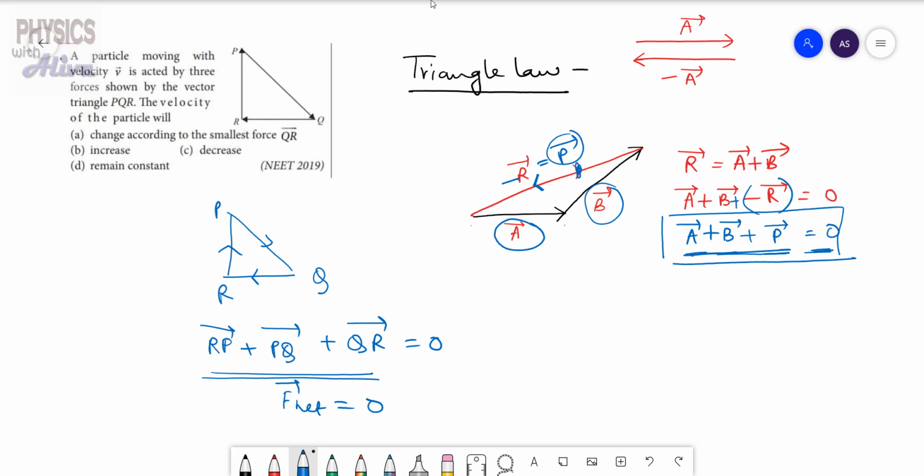When the net applied force is 0, as here, the body will continue its motion with its velocity v. So option D is the correct option: the velocity of the particle will remain constant.